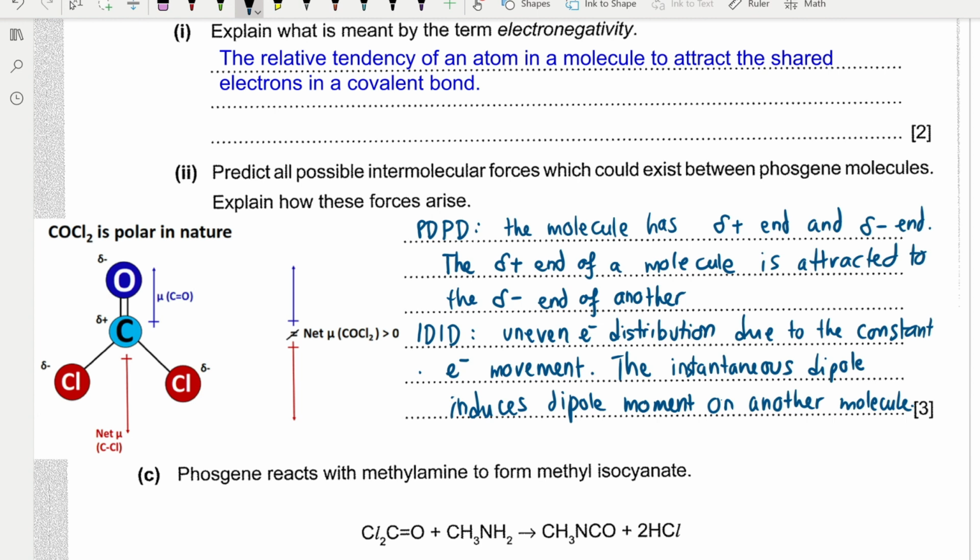And the instantaneous dipole will induce a dipole moment on a neighboring molecule because it will distort the electron cloud on another molecule, right? And it causes a dipole moment. So that is how instantaneous induced dipoles work.